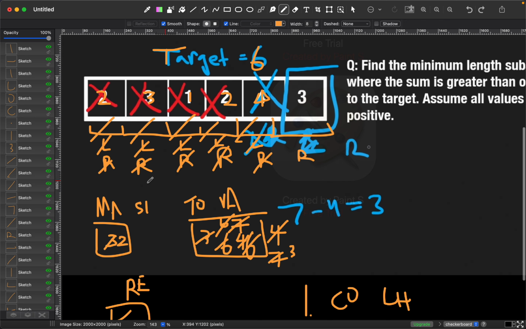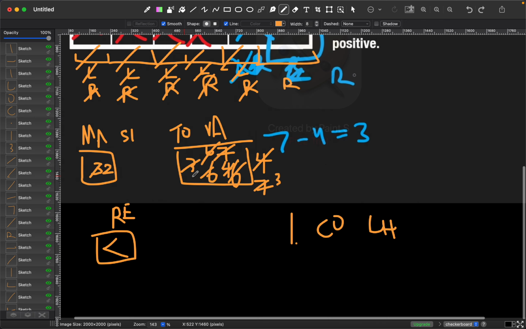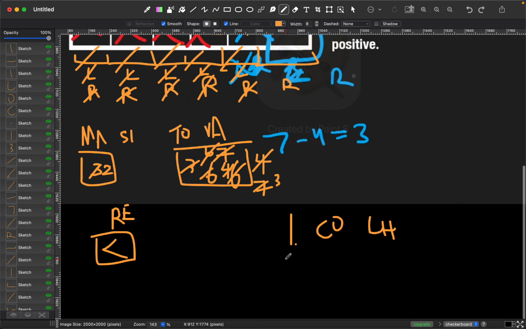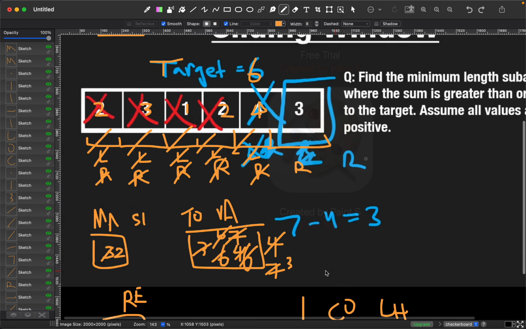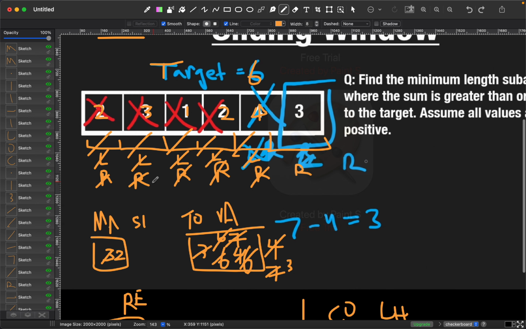And based on that, it's going to maneuver our map. The L and R are going to shift accordingly. If say the size doesn't hit, only R is going to move per se. But once R hits, we're going to try to be greedy, we're going to move the L.